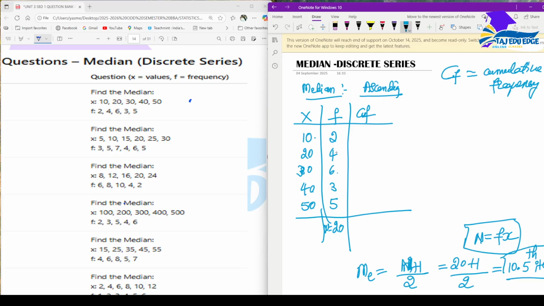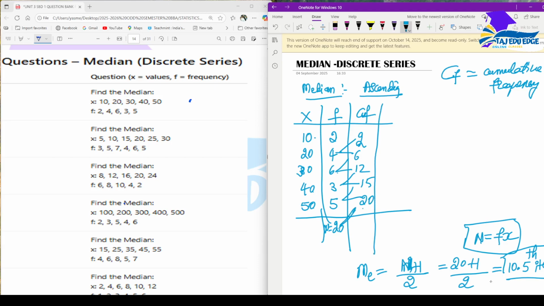Can you see any 10.5 here in the frequency? No, right? That's why it's important for us to find the cumulative frequency. 2 is 2, 2 plus 4 is 6, 6 plus 6 is 12, 12 plus 3 is 15, 15 plus 5 is 20. Here this 20 and this 20 are the same, which means we have calculated the cumulative frequency properly.